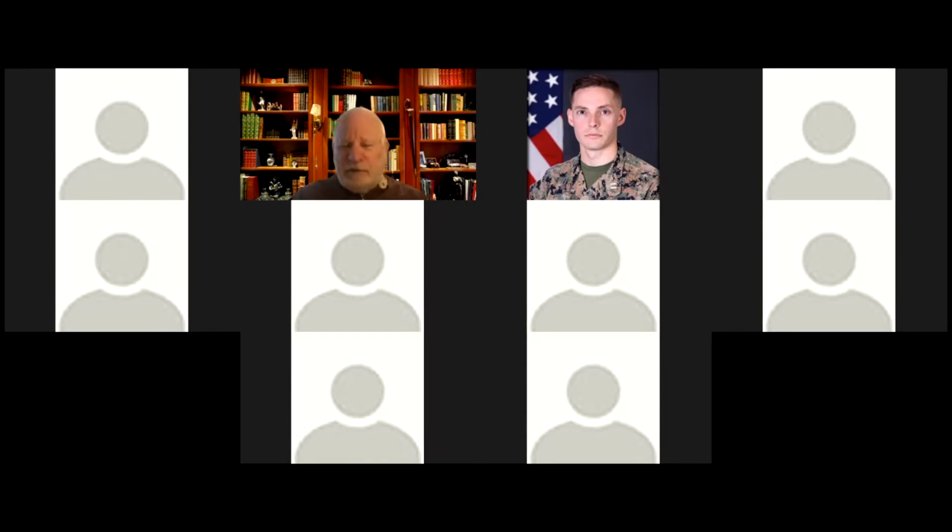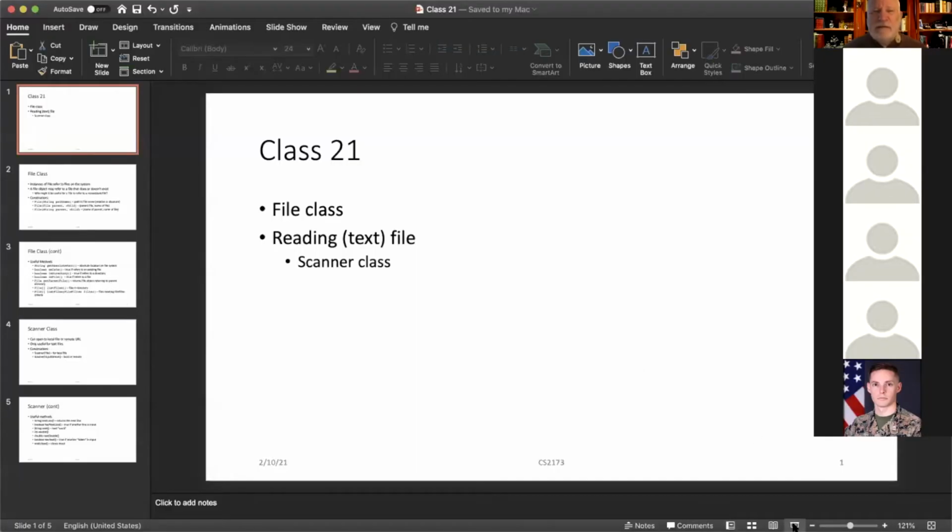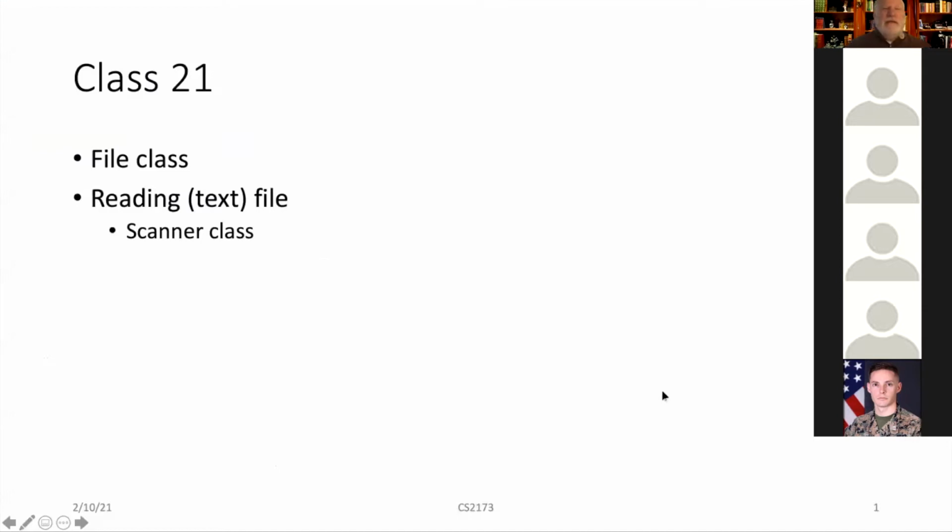There are two classes in Java that I'm going to talk about today. They are the File class. Instances of the File class represent a programmatic way of representing what's out there, and for now, that's just going to be the file system.